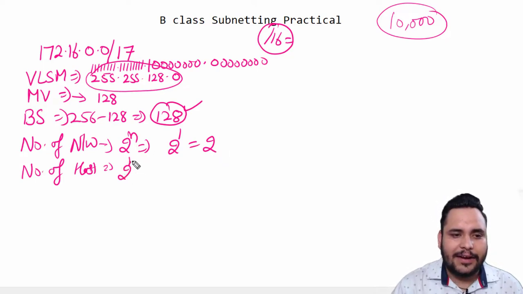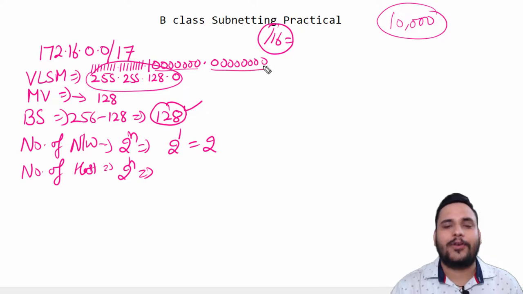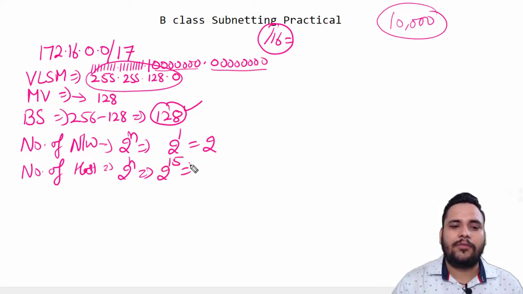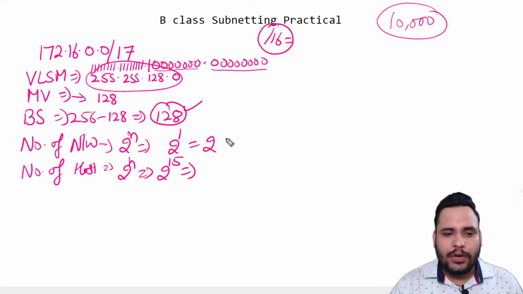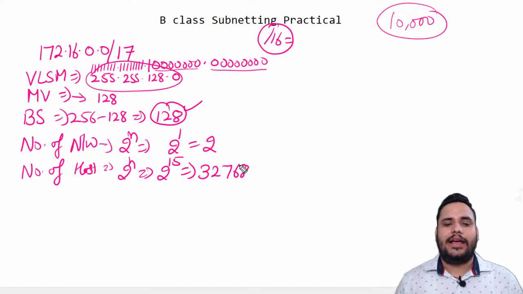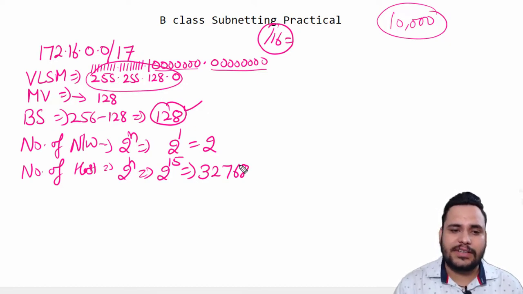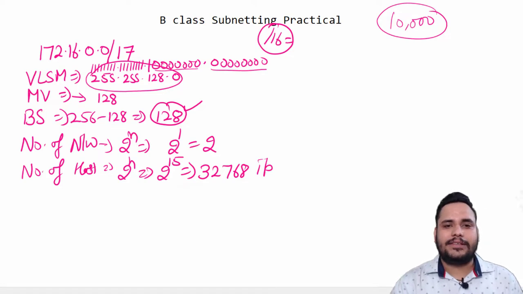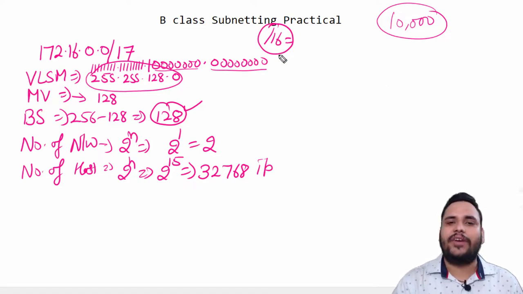Host bits are 7 bits from the third octet and 8 bits from the last octet, so 2 raised to power 15. 2 raised to power 15 means 32,768 IP addresses if we divide the 16 network into 17.